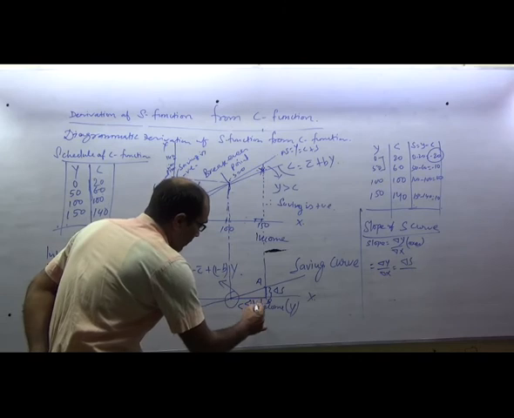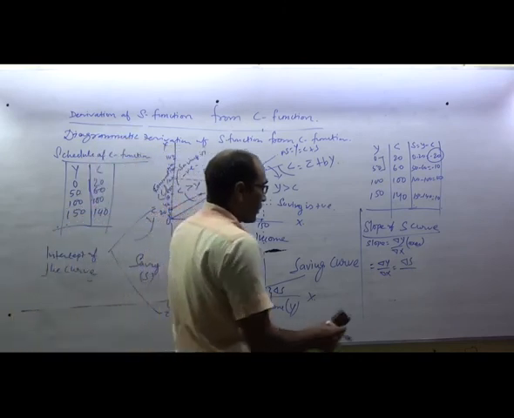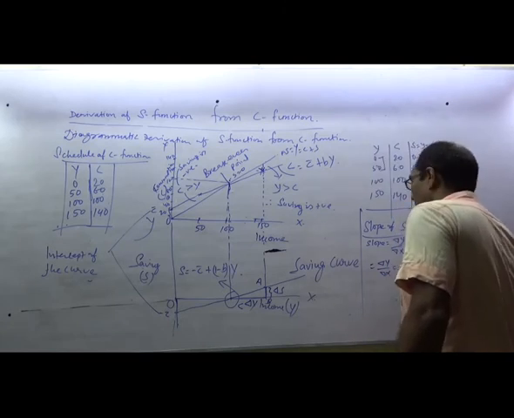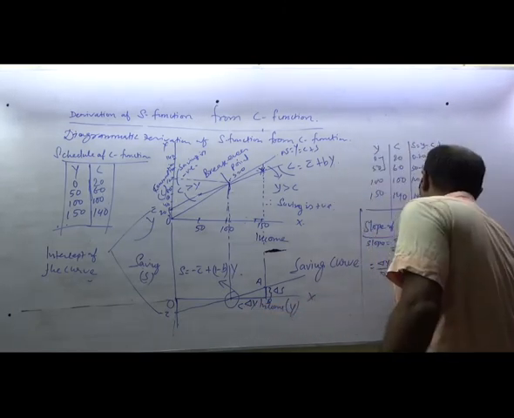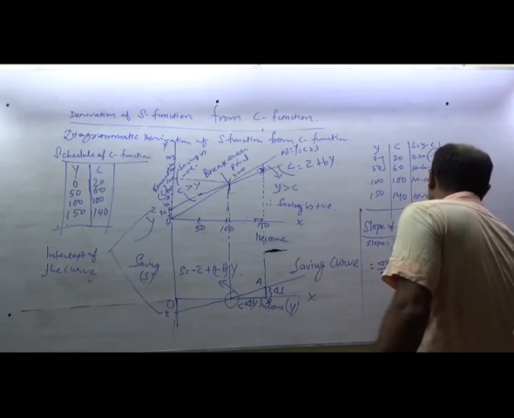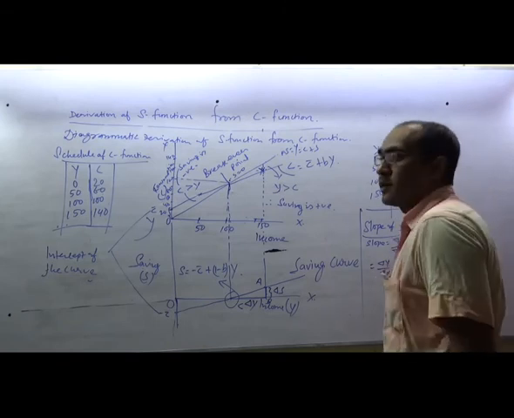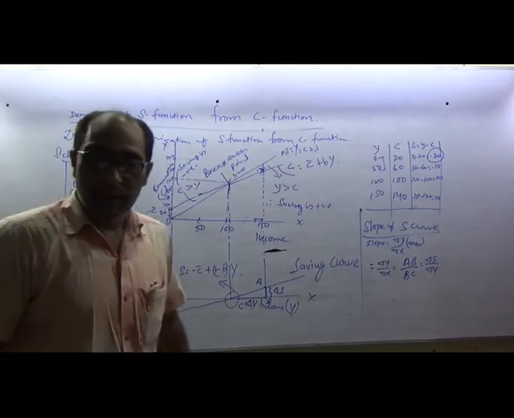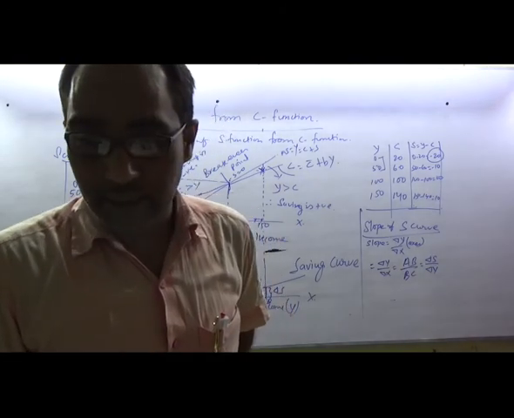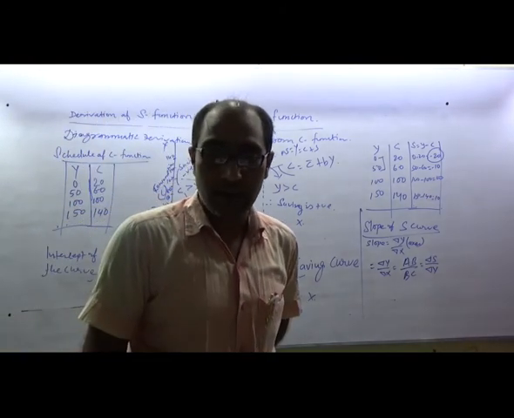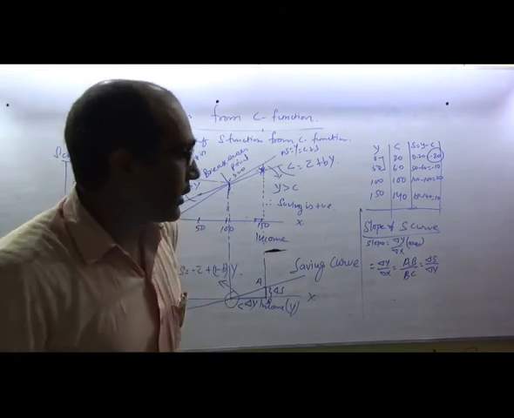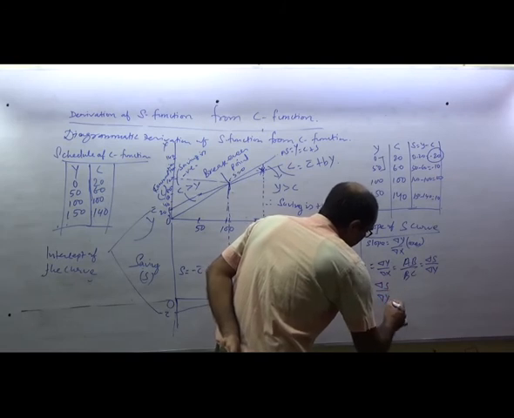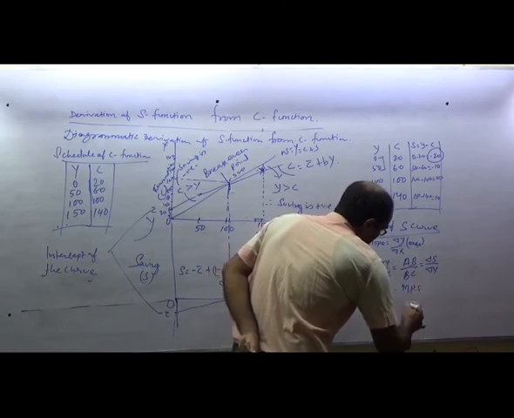So delta y means the change in y-axis, AB upon BC, equals delta S upon delta Y. Delta S upon delta Y equals MPS.